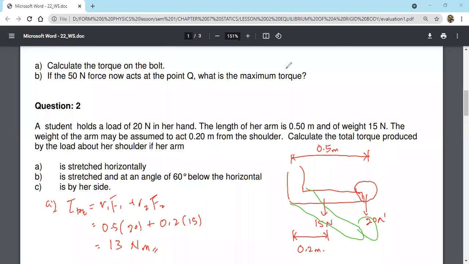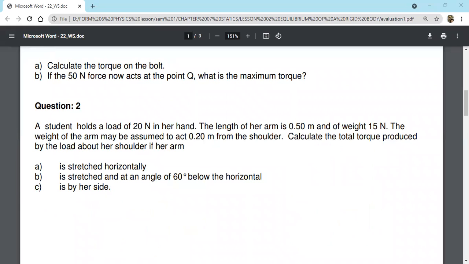So now below the horizontal with 60 degrees. Let me share to the Word file.